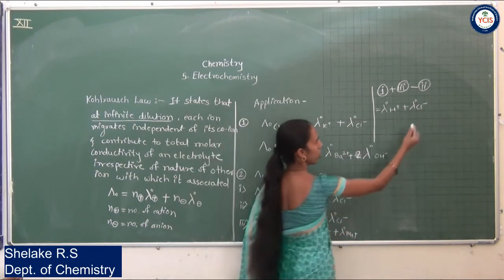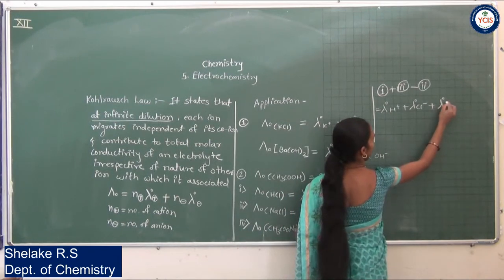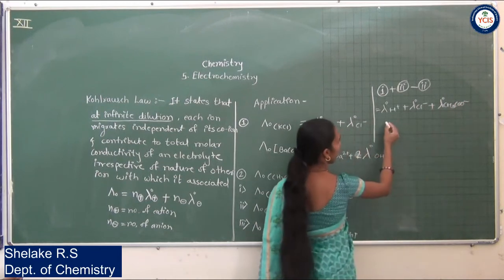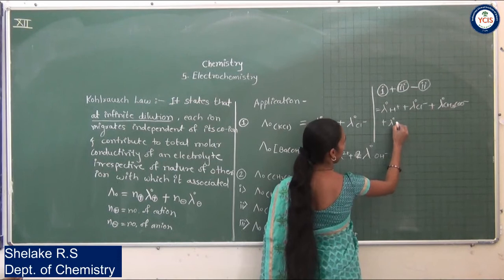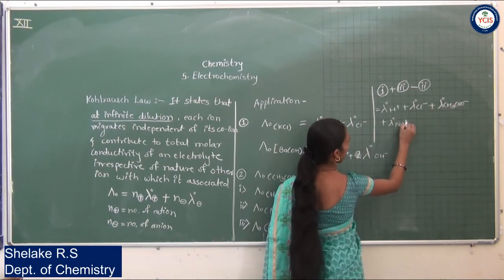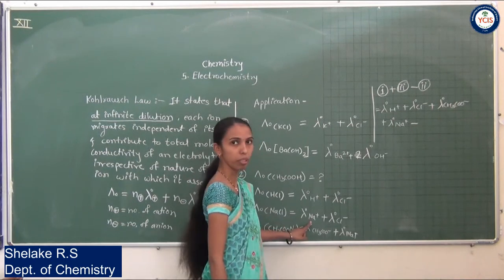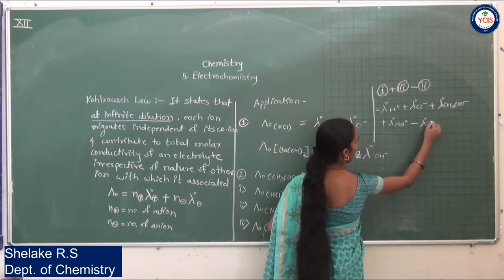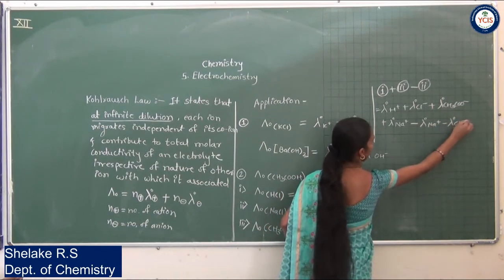Equation number 3 is lambda 0 CH3COO minus plus lambda 0 Na plus, minus the second equation, that is lambda 0 Na plus minus lambda 0 Cl minus.